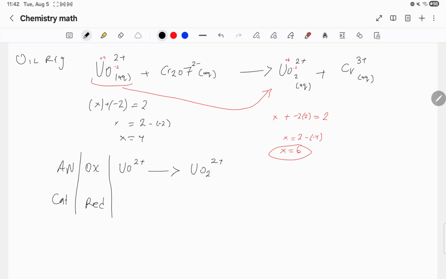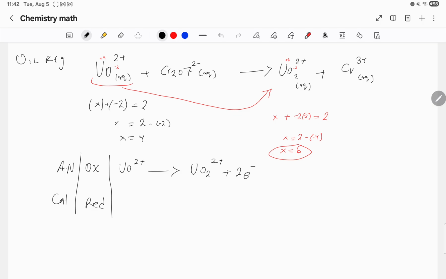The real question is how many electrons were actually exchanged here? Well, it went from a plus 4 to a plus 6. So if I do simple math, 6 minus 4 equals 2. So there were 2 electrons released here, plus 2 electrons. That's my oxidation half reaction.